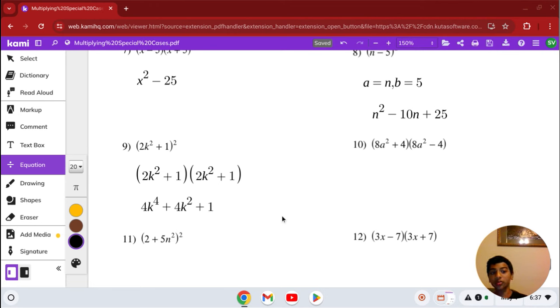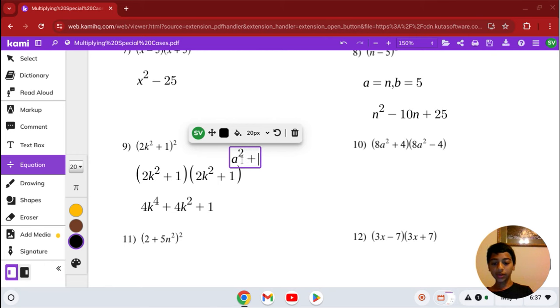You can still do the formula and it'll work. If you see (2k squared) whole squared, which is 4k to the 4th. And let's try the formula just in case.